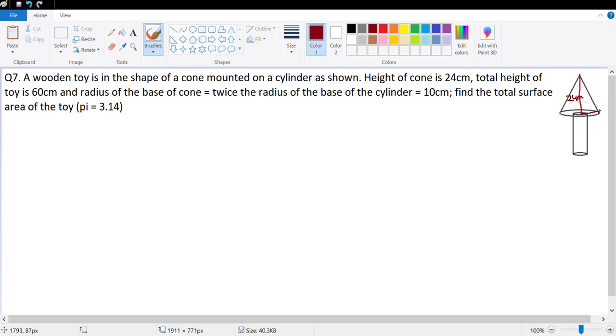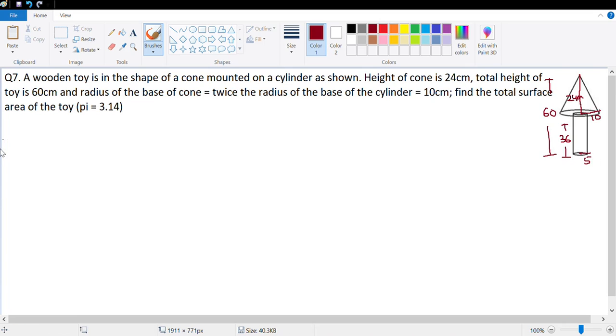The total height of the toy is 60 centimeters, which means the height of the cylindrical part will be 60 minus 24, that's 36. Perfect. Radius of the base of cone is equal to 10 centimeters. This is equal to twice the radius of the base of the cylinder, which means radius of cylinder is 5 centimeter.